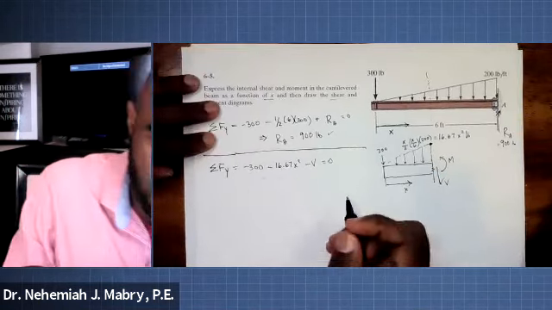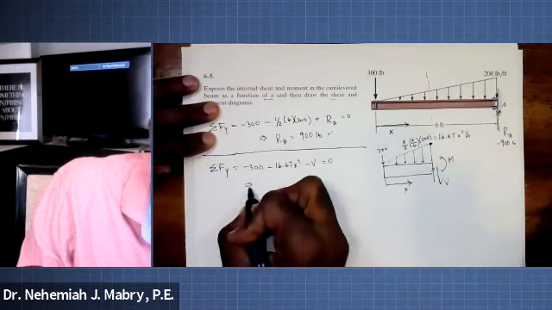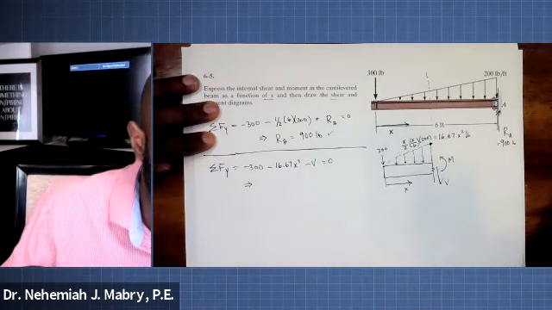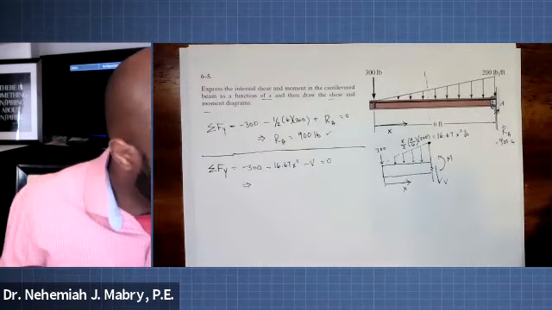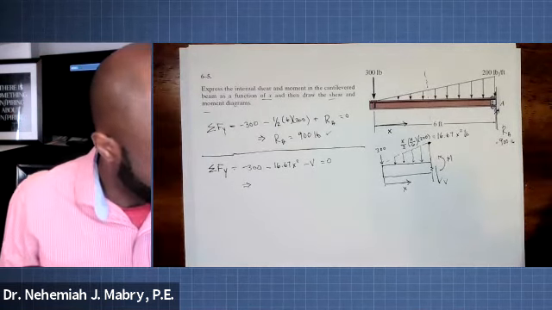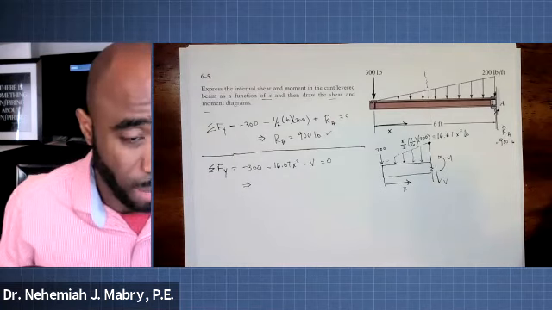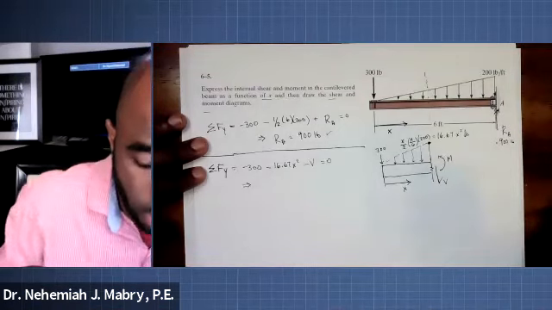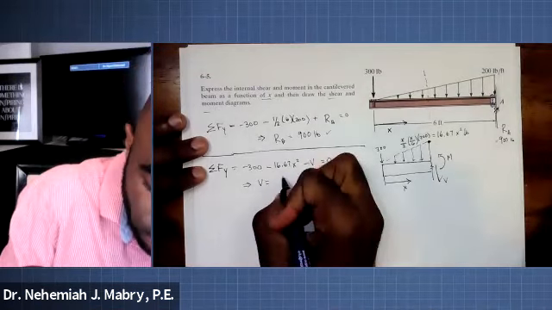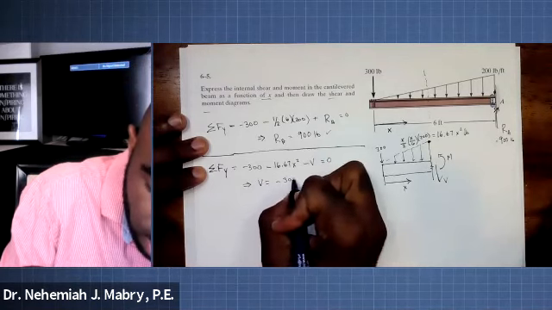Well, if we solve for V, we move things to the opposite side. We will find that V is equal to negative 16.67 X squared minus 300.